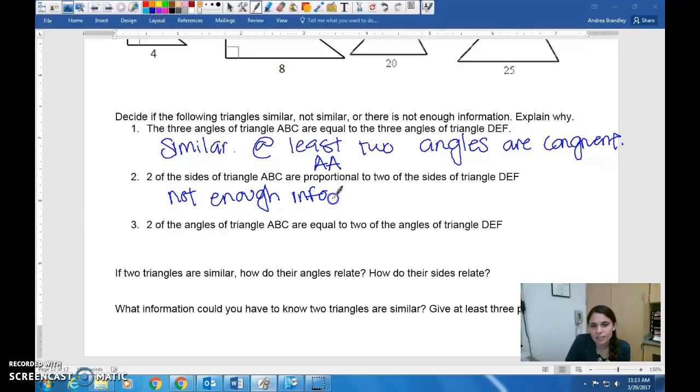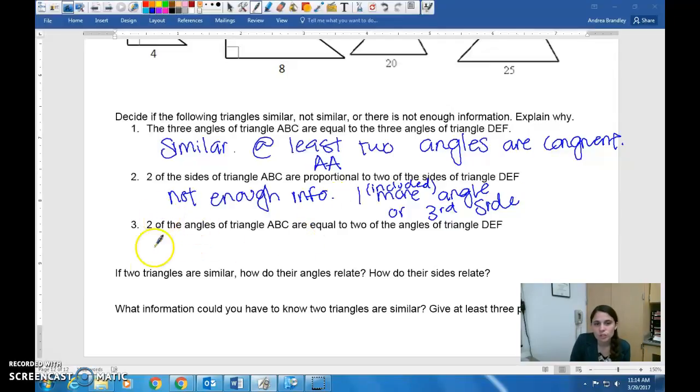I would either need to know one more angle, the included angle, I should say, or the third side. If I knew one of those 2 things, then I could tell if they were similar. But because I don't know them, I don't have quite enough information.